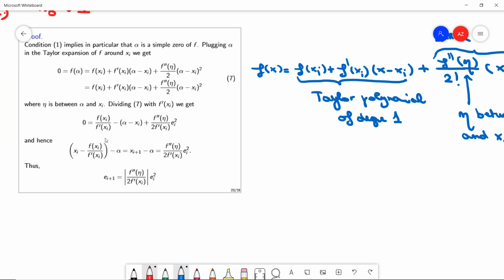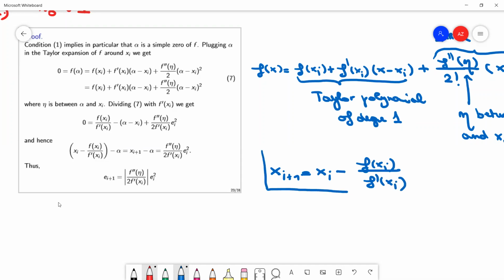What we see here is that, from the definition of Newton's method, xi plus 1 is just xi minus f of xi over f derivative of xi. So this is just the definition of the next iterate in our Newton's method. So this parenthesis is xi plus 1.